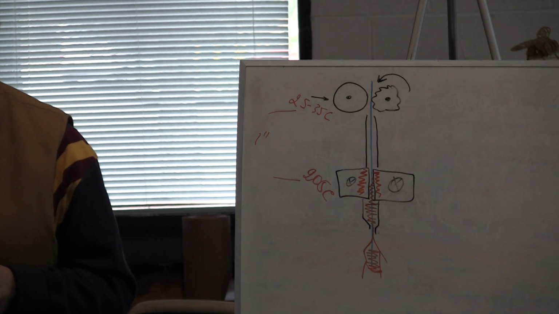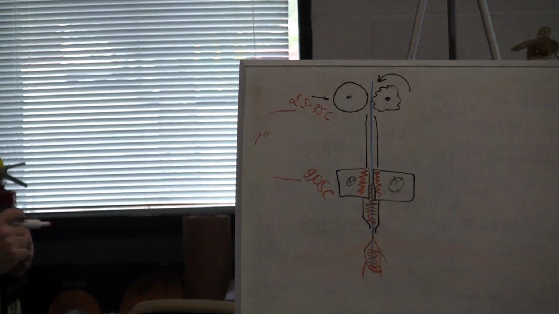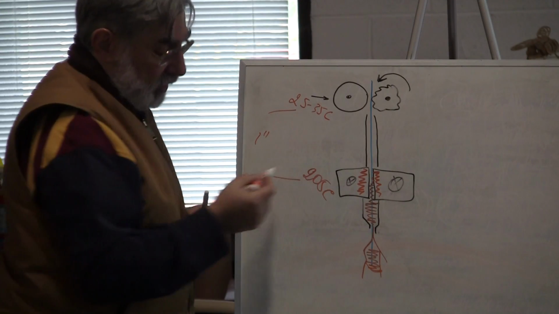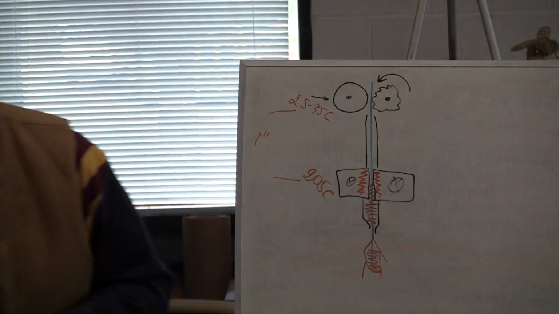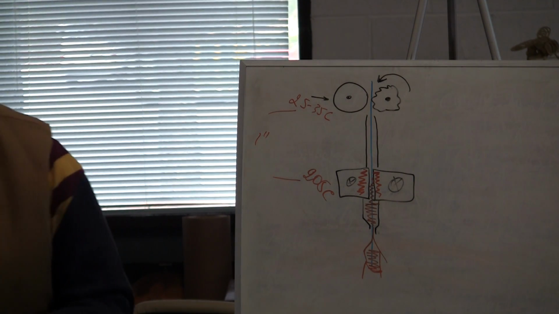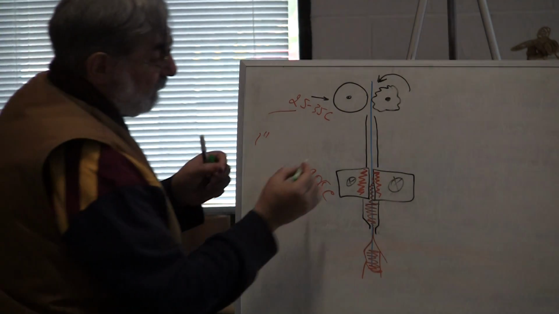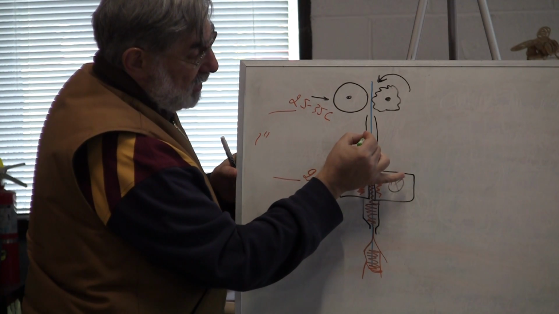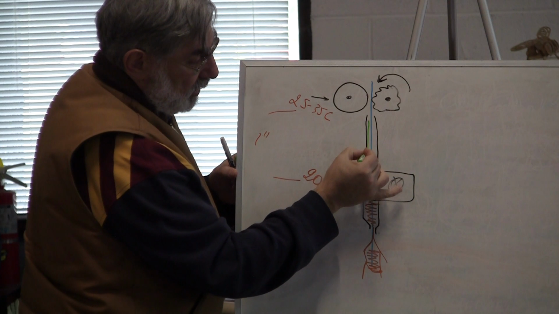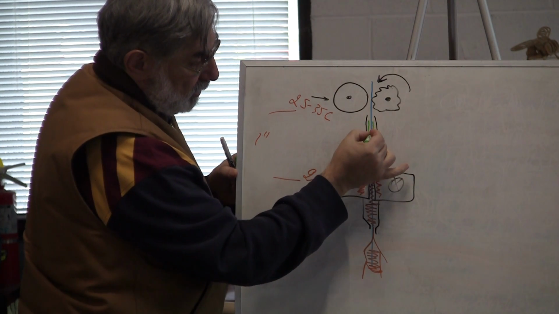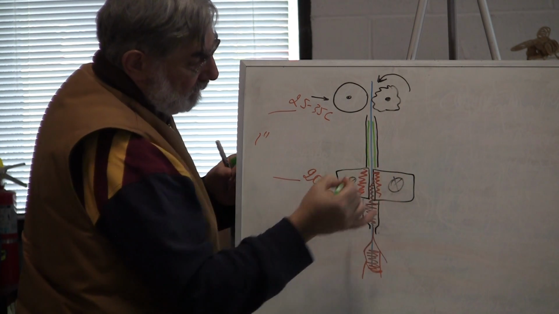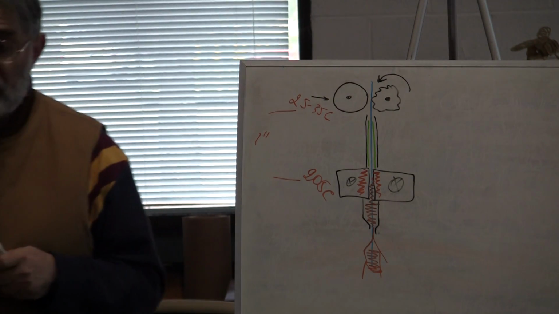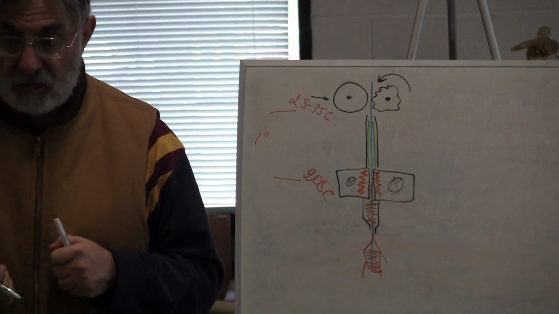That's hard. So what we do is we play all sorts of tricks to make it work that way. One of the things that we do, we put in Teflon tubing in here, which is slippery and stays colder.